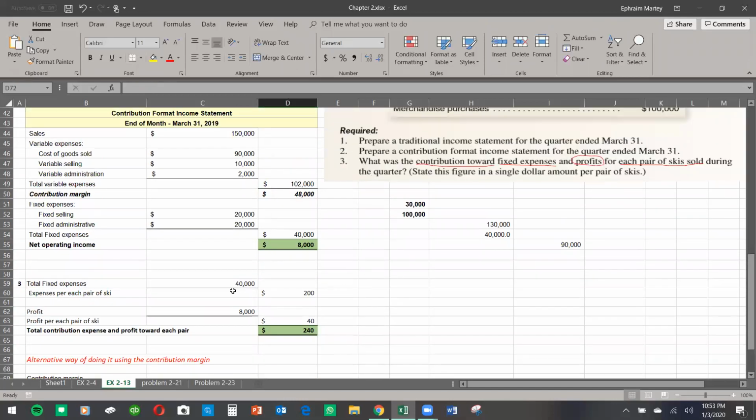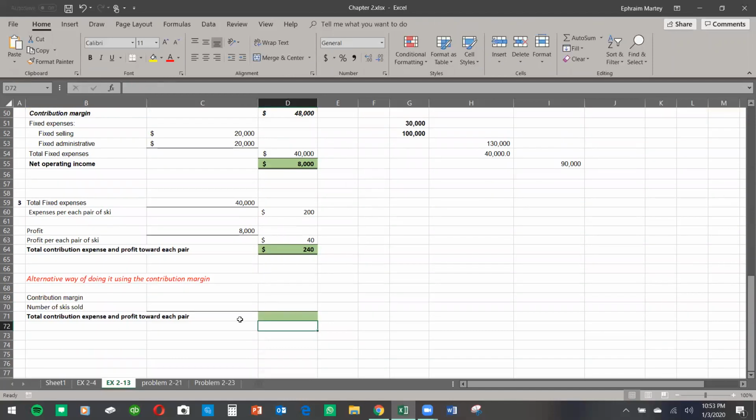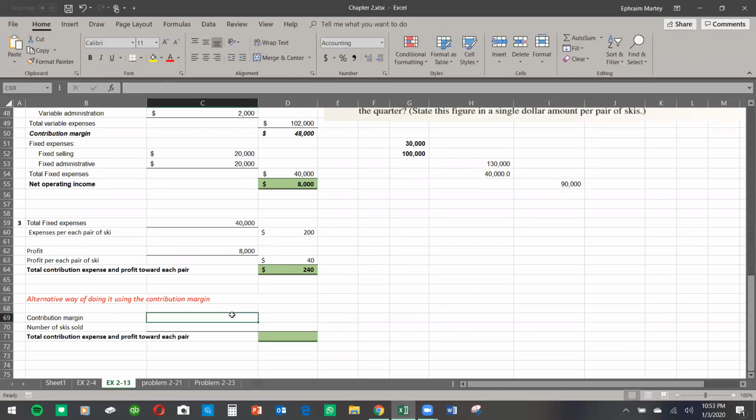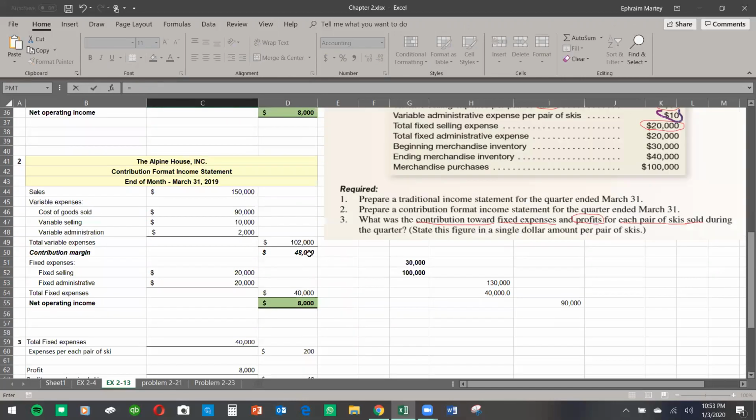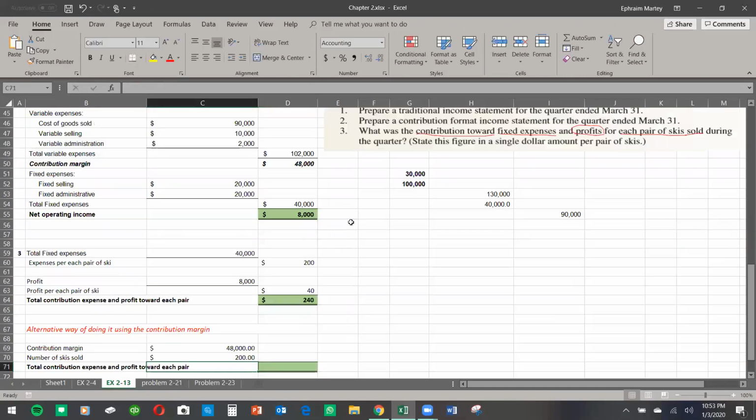Now, this is what you do if you are very analytical like me. And the second approach, you can straightforwardly take the contribution margin, which is $48,000, divided by the number of units sold, 200 units.